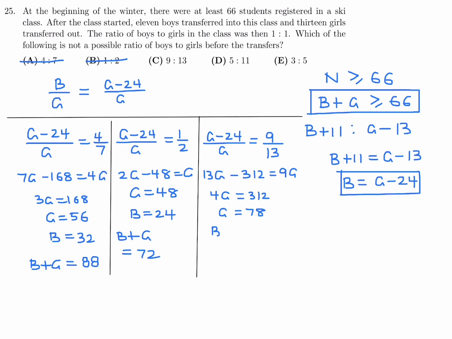And therefore b, if you substitute it back into there, would be 54. And therefore now we have to verify b plus g is 132. So it definitely satisfies that one. All right, great.